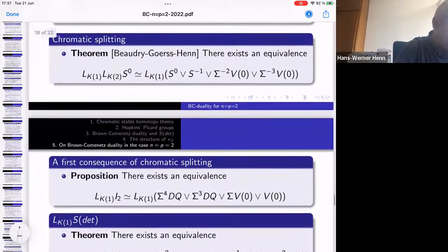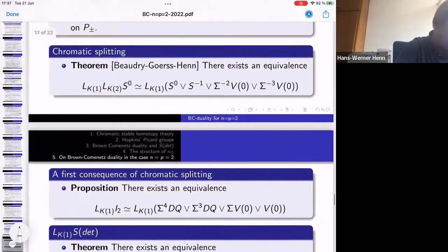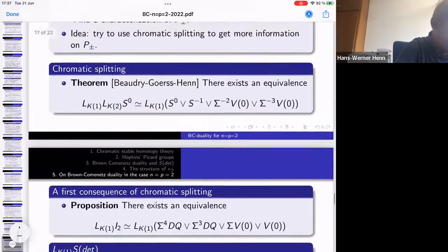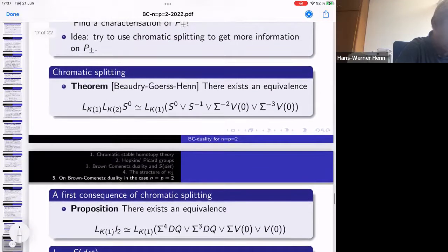I was speculating for, I think, at least 2 years, that the K1 localization of S det would be just desuspending that guy on the right-hand side by sigma 2.